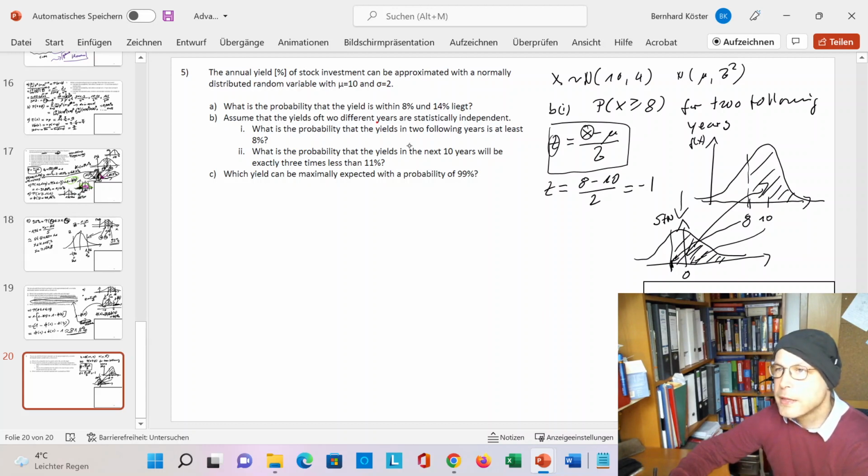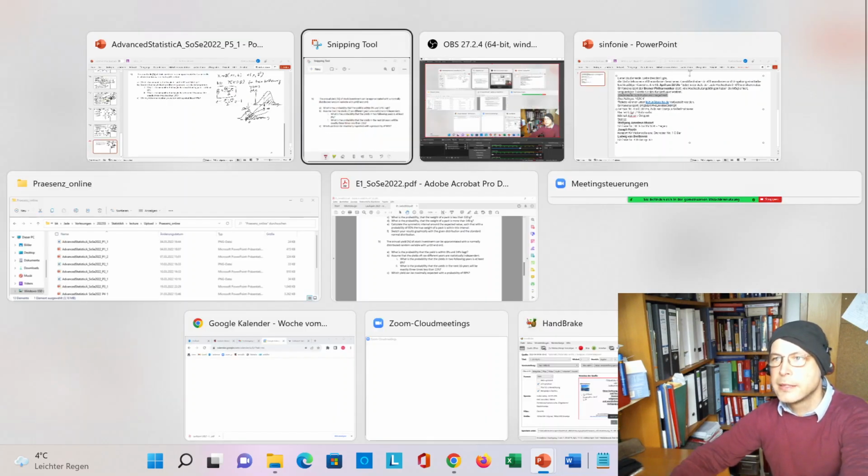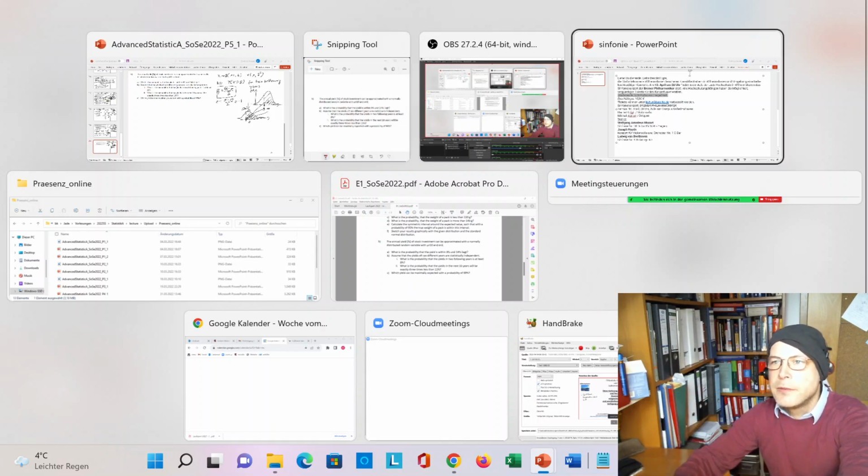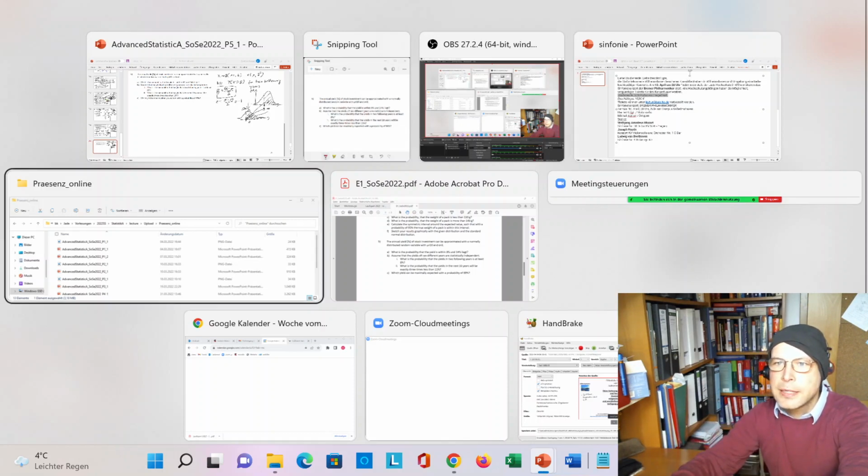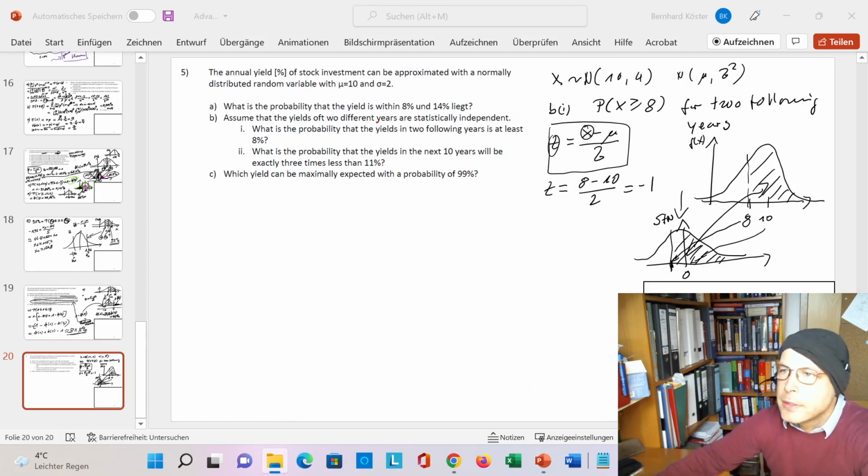So this means we can again type this in Excel or another software, but I also want to show you, because in the exam you can do it via your calculator. I think I will also give you the opportunity to use Excel, but also to look it up in some table.